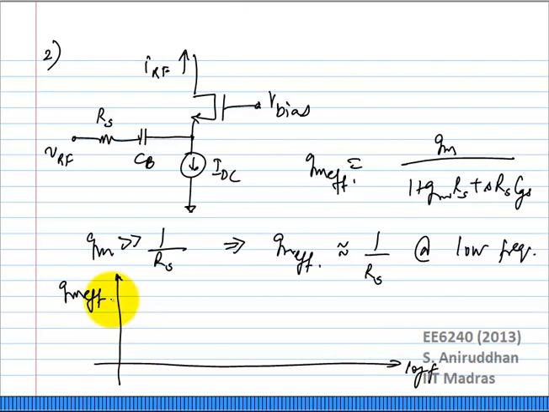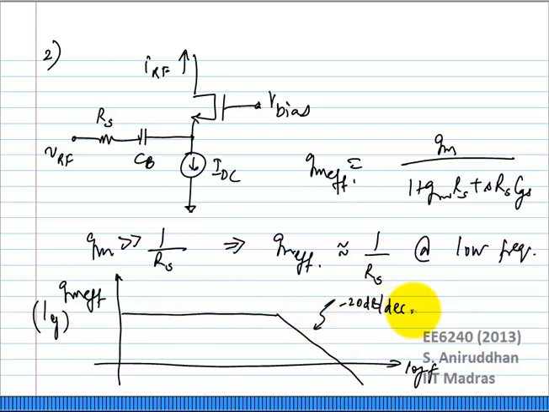Now if I plot GM effective as a function of frequency in the log-log plot, I'll get something like this. Since it's a single pole system, I know that I'll get a minus 20 dB per decade roll off. At low frequencies, I know it's approximately 1 over RS.